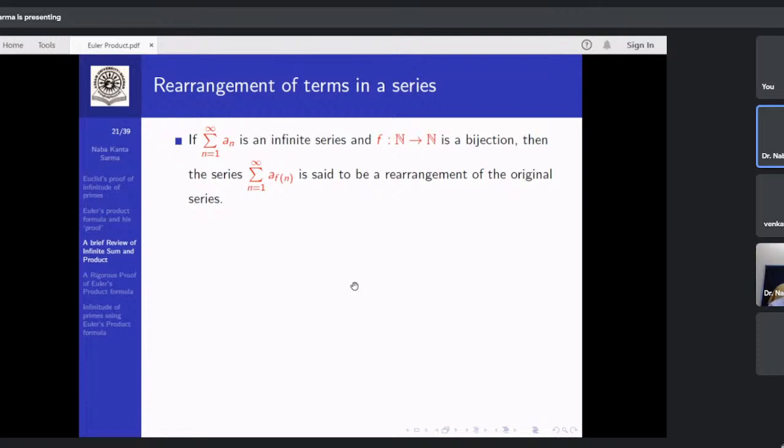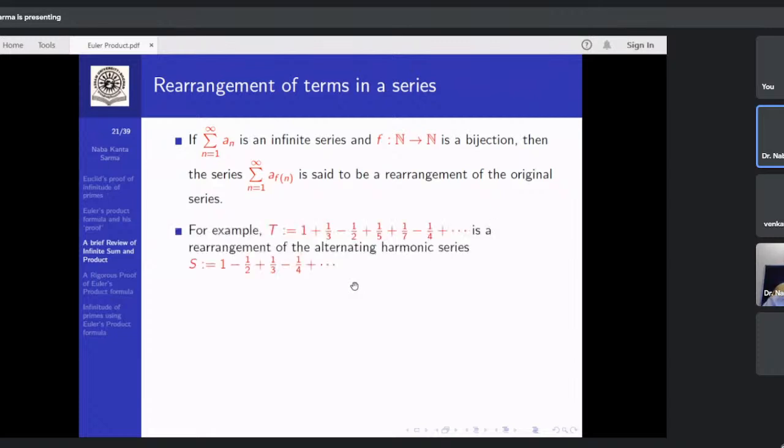It has to be in a one-to-one fashion. So you can reshuffle. The second term can be made first, the first term can be made seventh, and so on, in a one-to-one fashion. Then it is called a rearrangement of the original series. For example, if we consider the alternating harmonic series as S, then this series T is what?